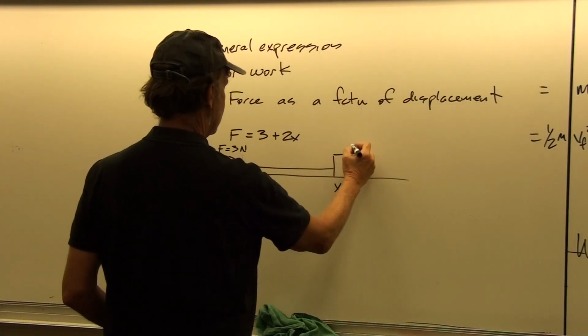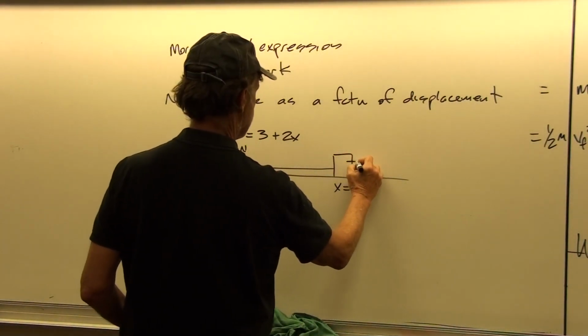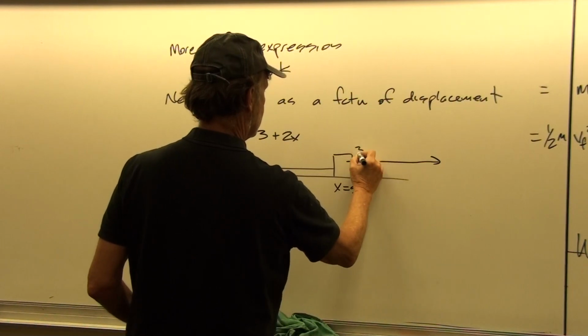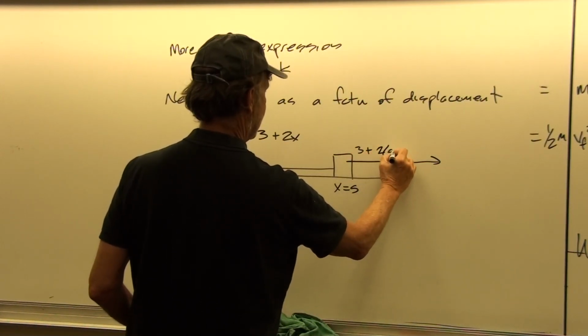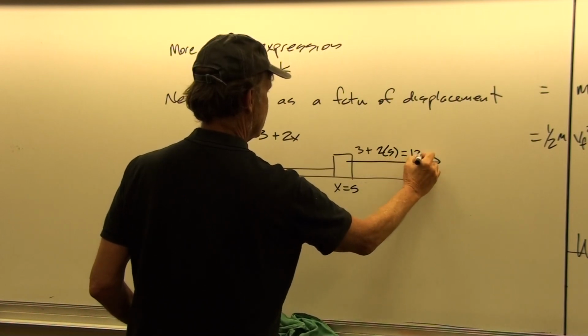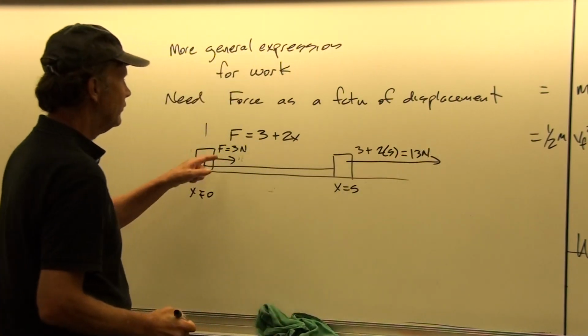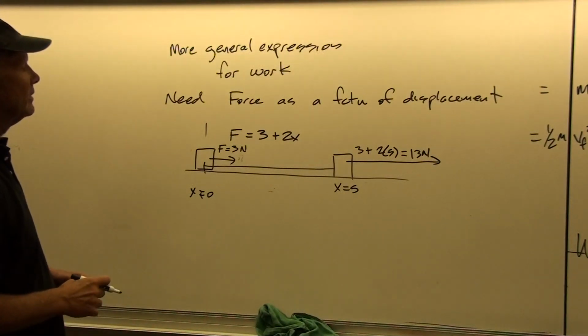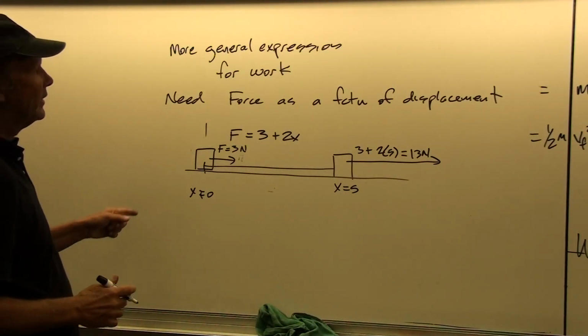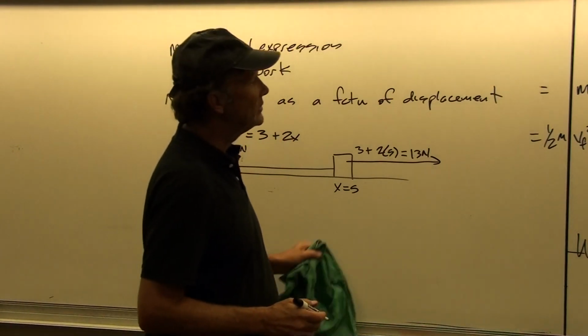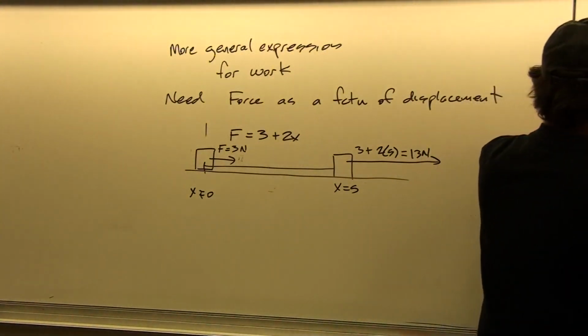The force here would be 3 plus 2 times 5, or 13 newtons. So the force then is increasing with x. Okay? And so you say, well, I'm kind of used to the force increasing as a function of time.